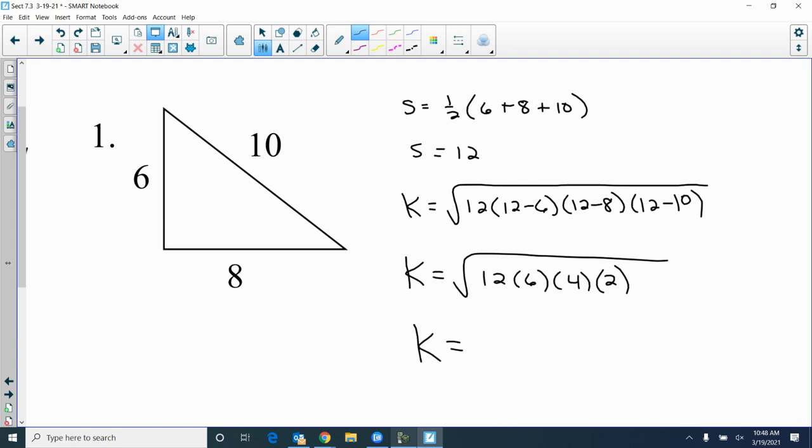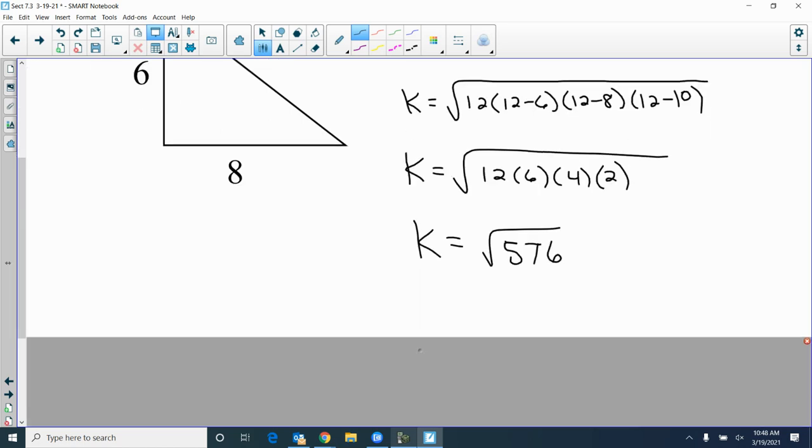What do we get underneath there? What's 12 times 6 times 4 times 2? 576. And what's the square root of that? 24. So it's 24. If you don't have measurements, just say units squared.